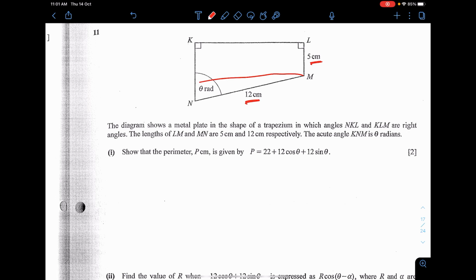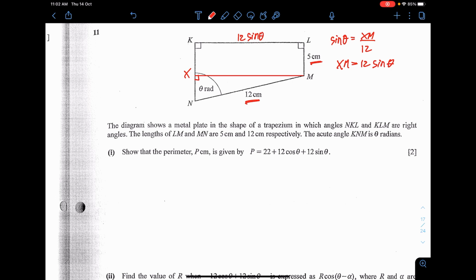So then I'm going to do that trigonometry. I'm going to do a right angle triangle. So let's just imagine that I pull a line here, perpendicular. Let's just say this is X. I am going to use sine theta equals opposite over hypotenuse, so that XM is 12 sine theta, and XM is actually equal to KL. Okay, so this is actually 12 sine theta.